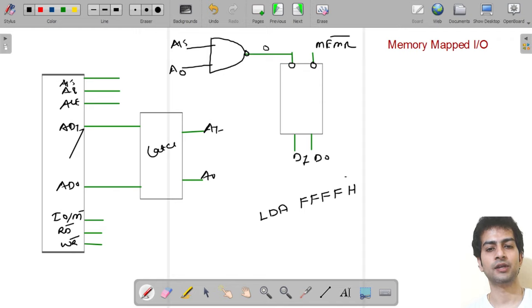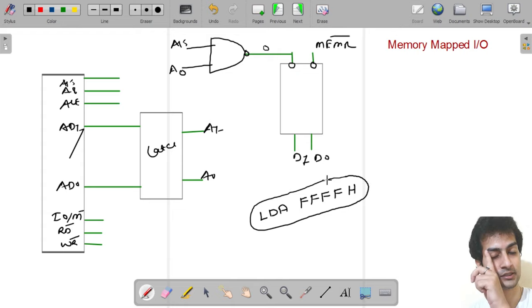So when we give this instruction to the microprocessor, it understands that it has to communicate with a memory, and then pick the data present at memory location FFFF.